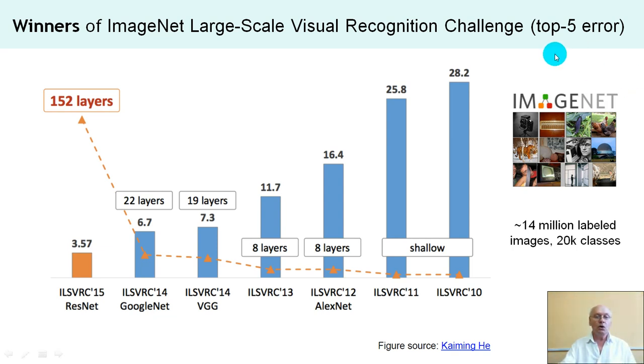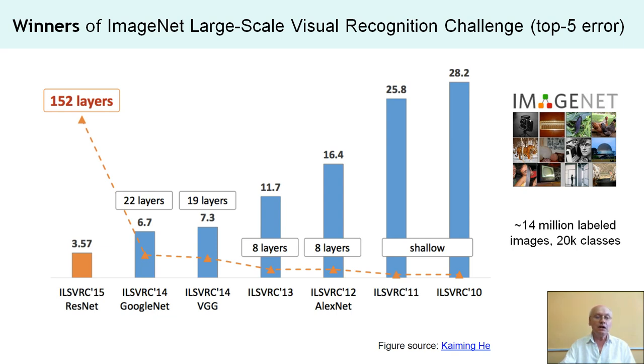They started from the year 2010, and the classification error was as high as 28%, which is actually not bad for that time, given so many classes and categories.